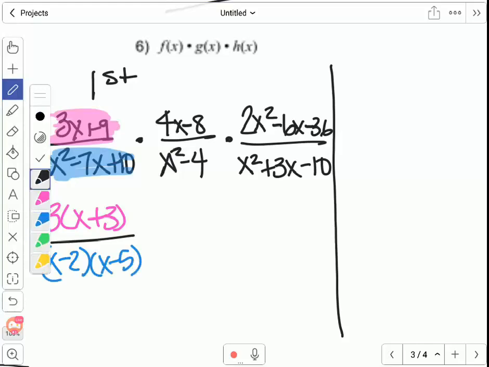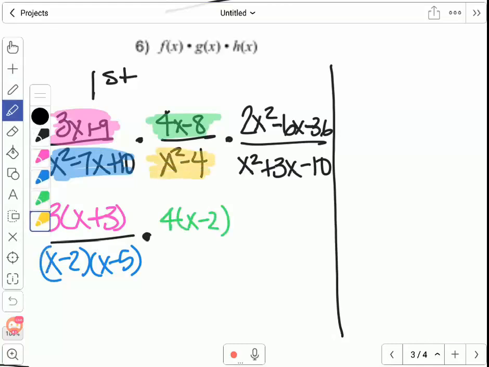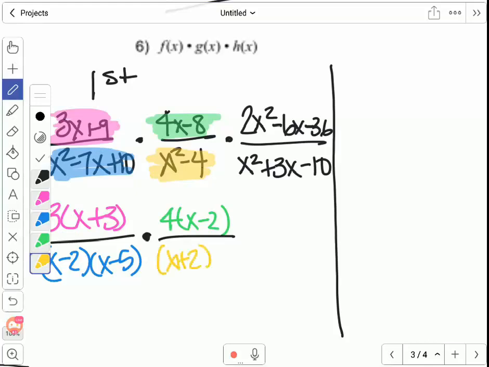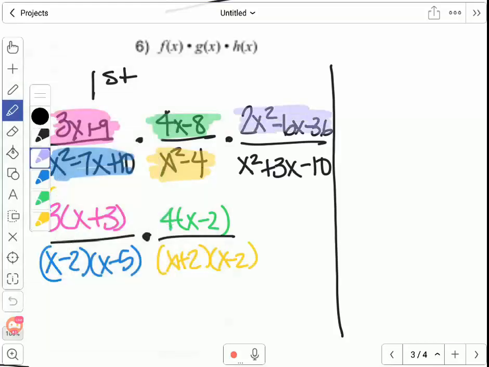Then we have times 4x minus 8, because I can factor out 4, so I'm left with 4 times x minus 2. I can factor x squared minus 4. That factors into x plus 2, x minus 2. And then we can factor 2x squared minus 6x minus 36.